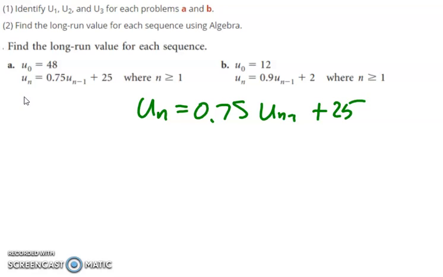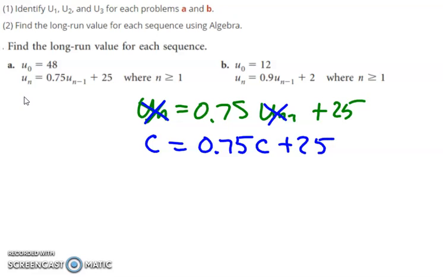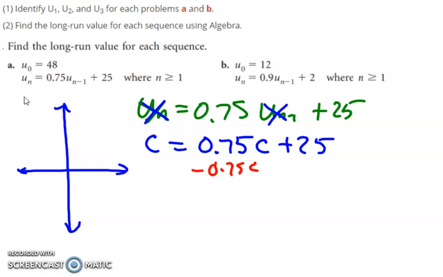So like the graspable math activity, we're going to replace U of n and U of n minus 1 both with the letter C, which is the letter your textbook is using. And we're going to solve for C, and that will tell us where this sequence is approaching. So the first step, like in those opening problems, we're going to subtract 0.75 C from both sides.